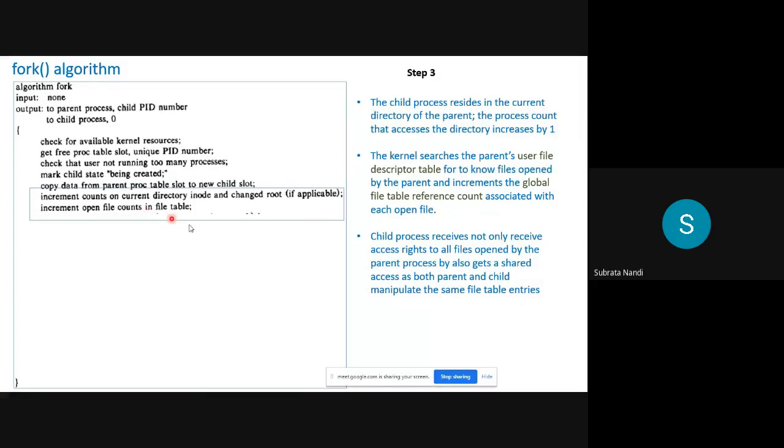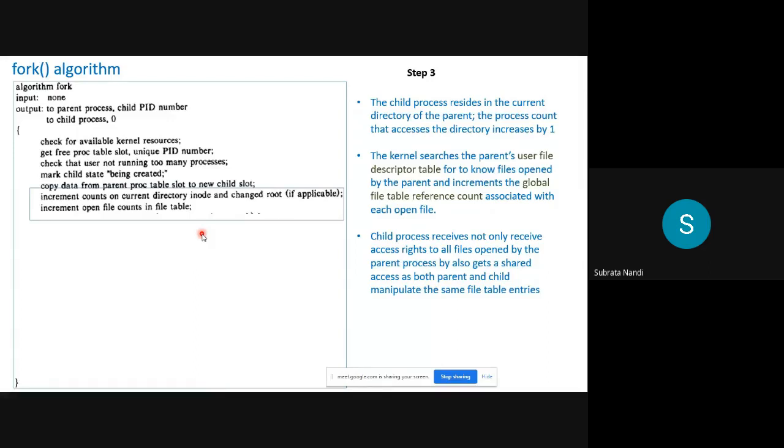And at the same time, as I was mentioning, in Unix even a directory is treated as a file. You can call it a directory file. So directory entries are also treated as if they are files. So here the directory file entry, earlier it was the parent process, now it will have one more process associated with it.